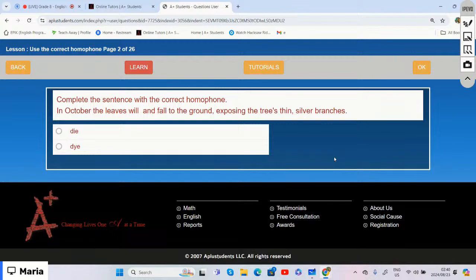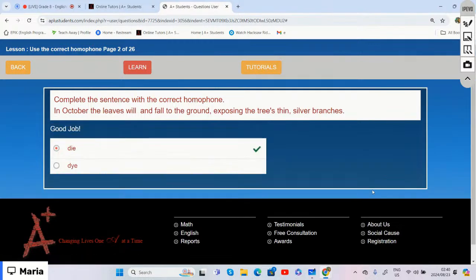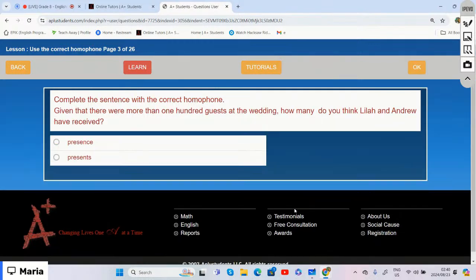All right, so we're saying that the leaves will die. And if we were to choose the correct one, we will choose option one, right? Because the second one is to color something, dye, not to unalive something, die.